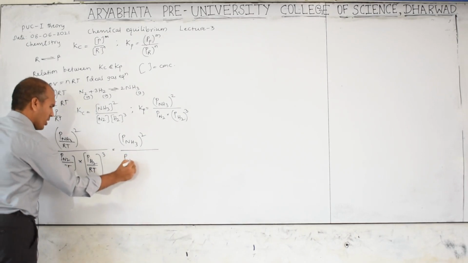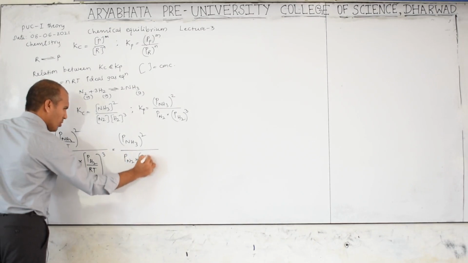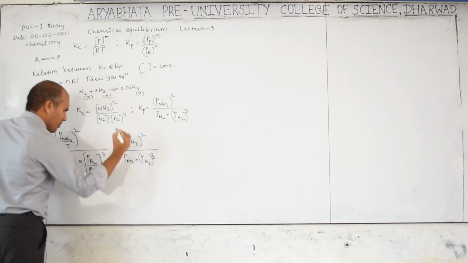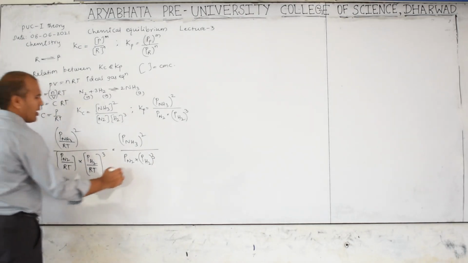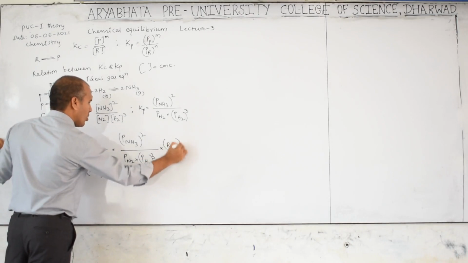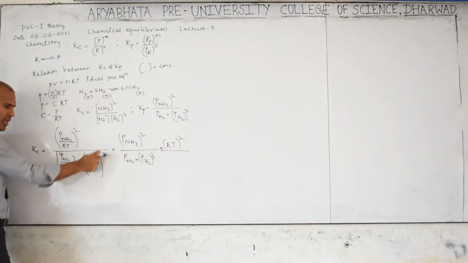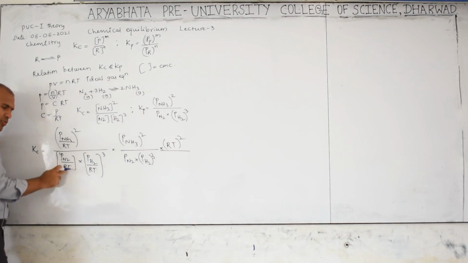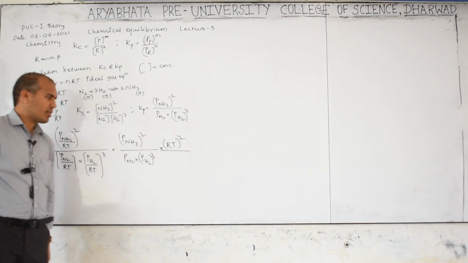Pressure of N2, pressure of H2 whole power 3, and RT whole power 2, because the terms cancel, 2 times left, and this denominator we can represent in the numerator.